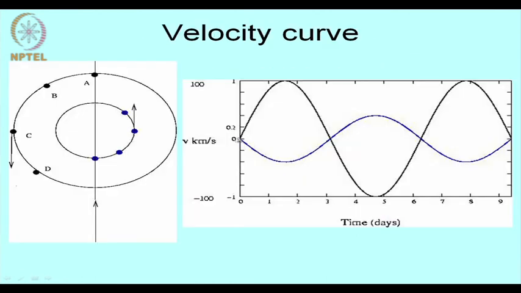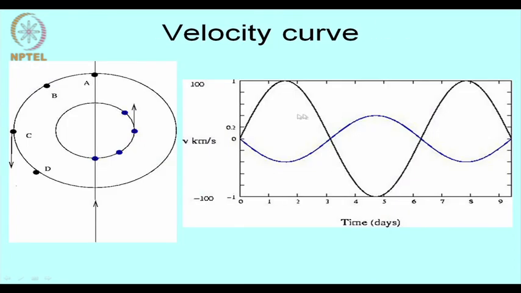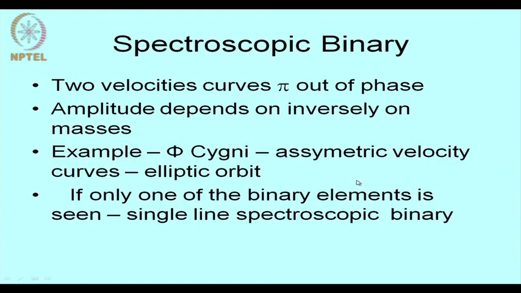So, what we have considered over here is a circular orbit. In general, even if you have a circular orbit, it will not be viewed exactly edge on, there will be an inclination angle, and typically you will not have circular orbits, you may even have elliptic orbits, and for elliptic orbits you will not have exact sinusoidal curves like this, you will have asymmetric curves, which is the situation for phi Cygni.